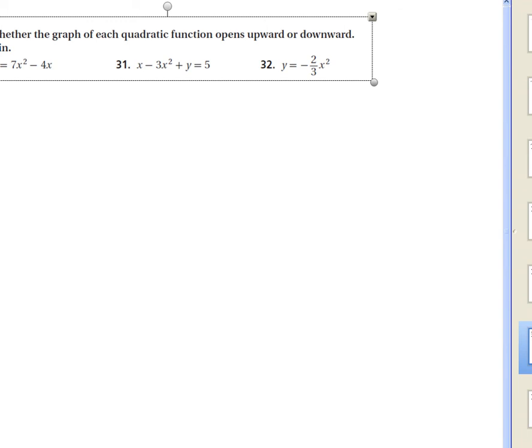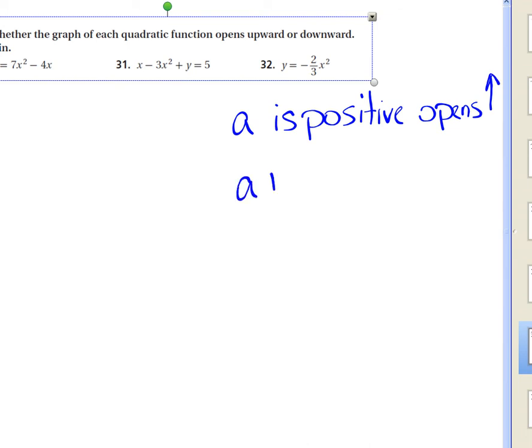Not the x squared. A is positive. Positive. A is negative.